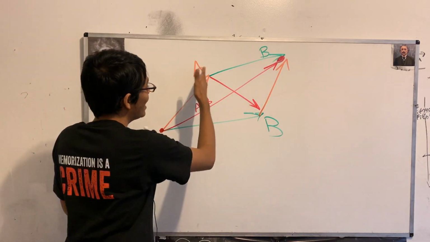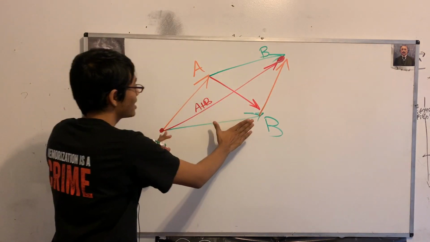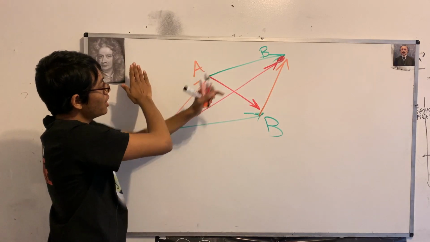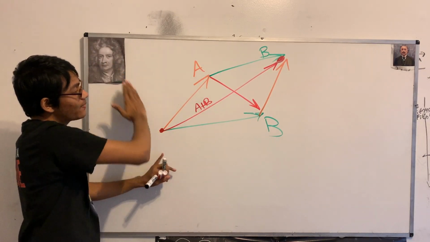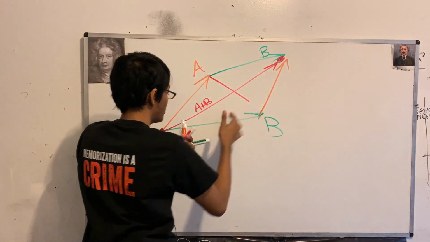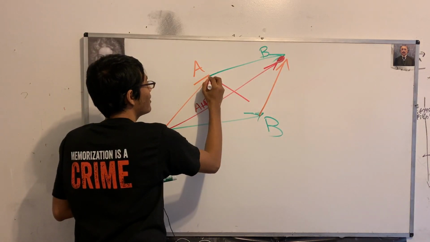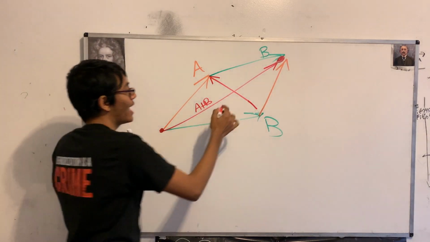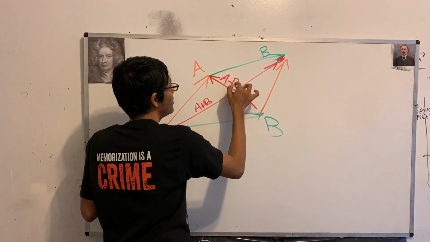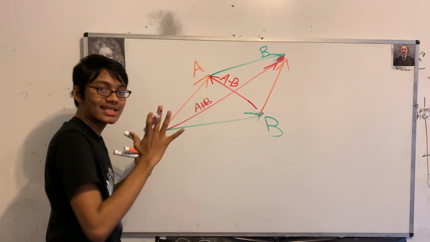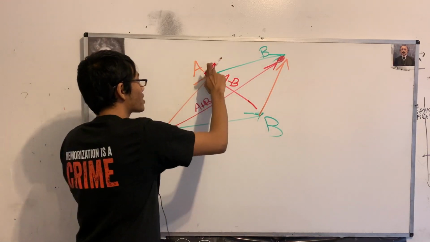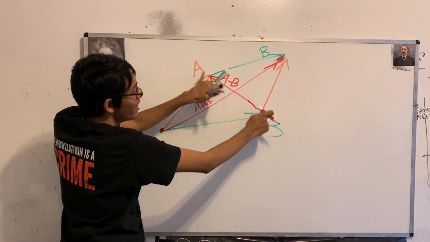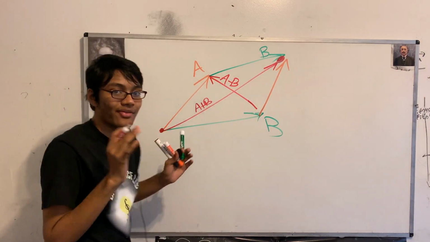If you have A minus B, you can take B over here, switch it in the opposite direction, and then find that A minus B will actually be going the other direction. So the head of our vector will actually be this way. But nevertheless, you should know that A plus B and A minus B are two diagonals of the same parallelogram. So if you have a vector A and a vector B, their sum is going to be one diagonal, their difference is going to be another diagonal, and that's beautiful.